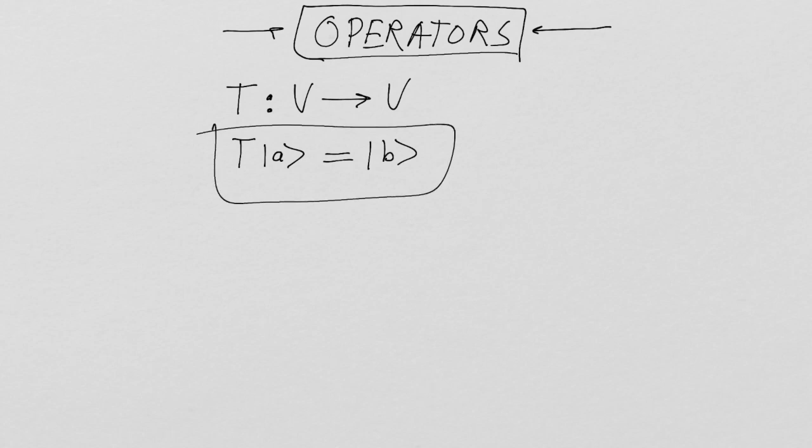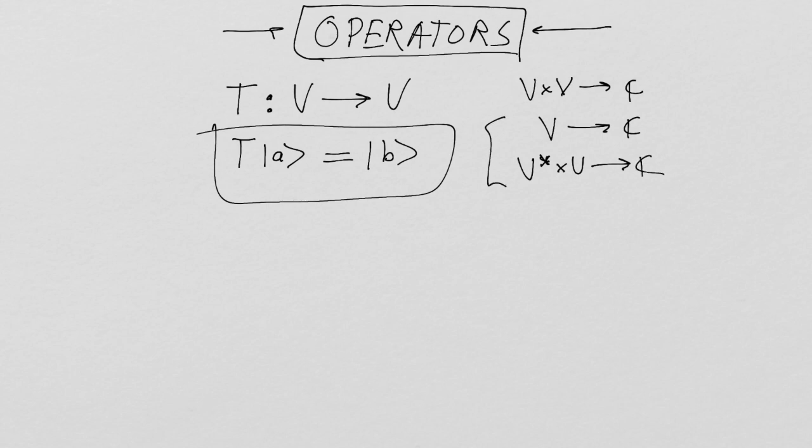We've talked about a bunch of maps, right? We've talked about maps that take two vectors and return complex numbers. That's the inner product map. We've talked about a map that takes vectors and returns the complex numbers. That's a dual space mapping, right? A dual space mapping can be looked at as a map that takes a covector and a vector and returns a complex number. So these are both sort of related, right?